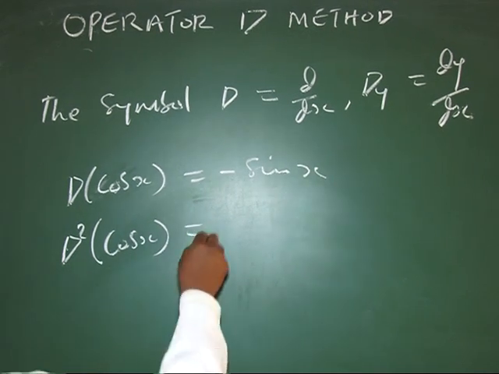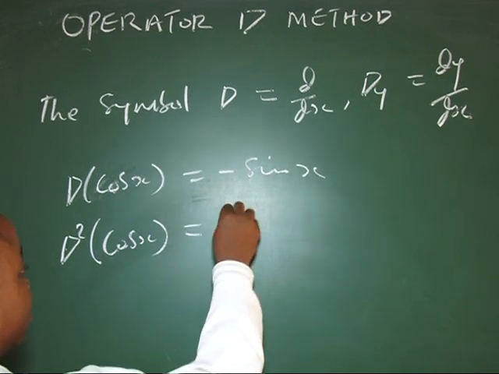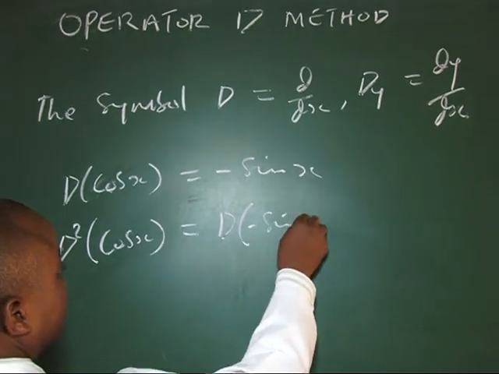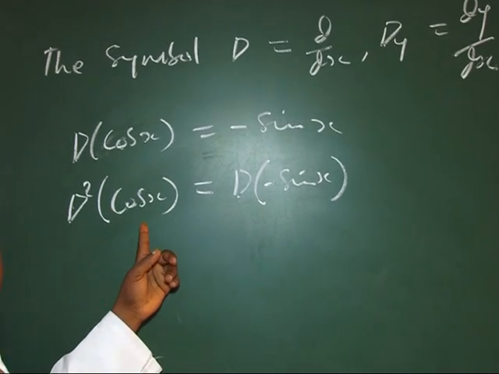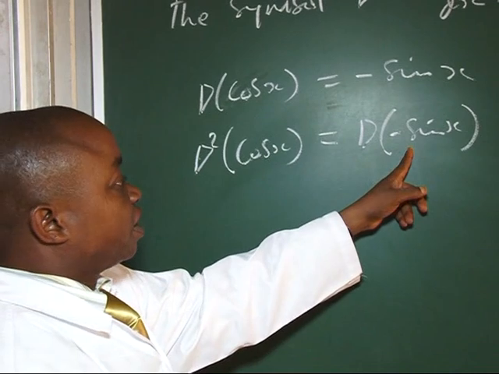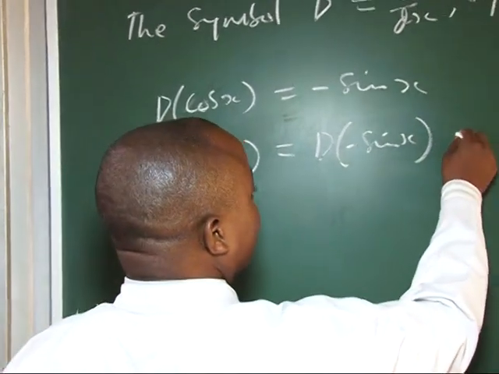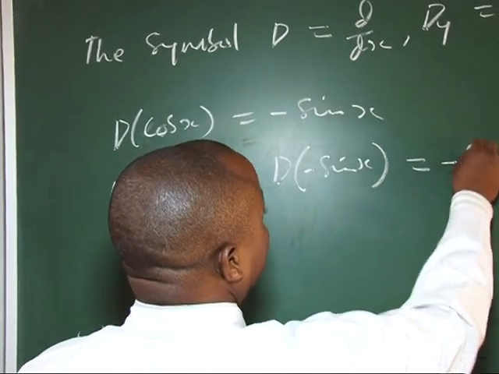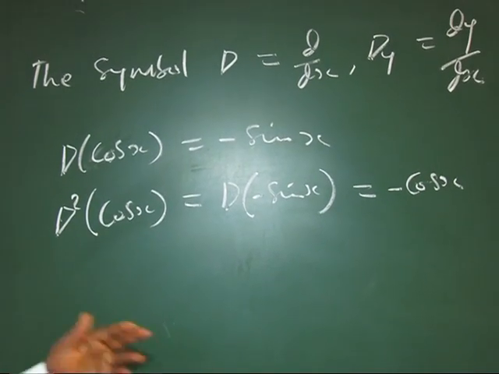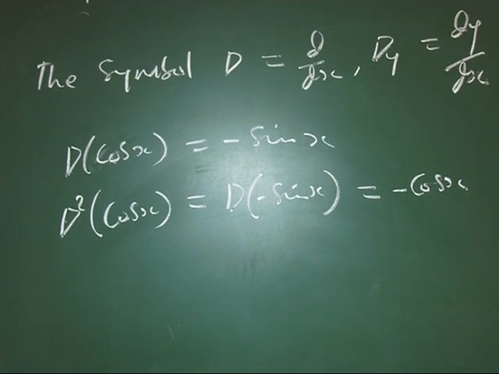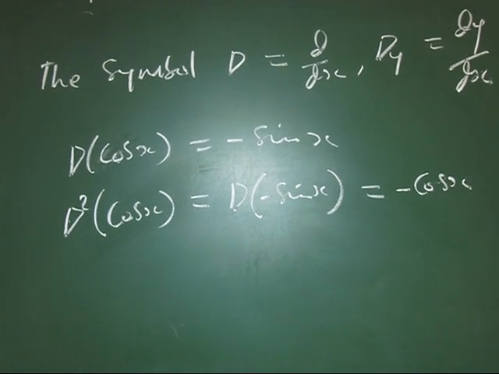So that would be the same as D of minus sine x. You see, I've differentiated the first one, which is minus sine x. Then I will differentiate again, which is equal to minus cos x. So that is the symbol. And we'll be using this symbol for some examples.